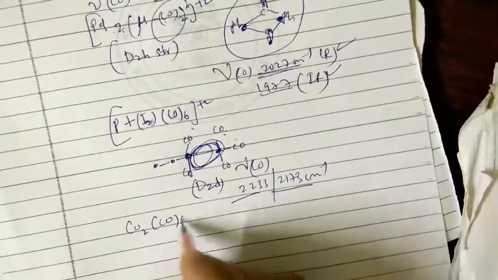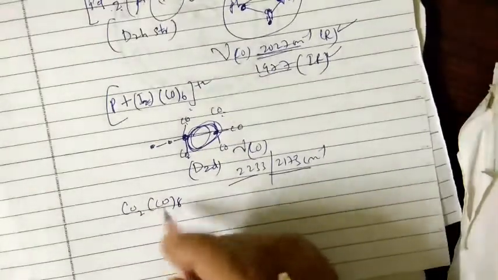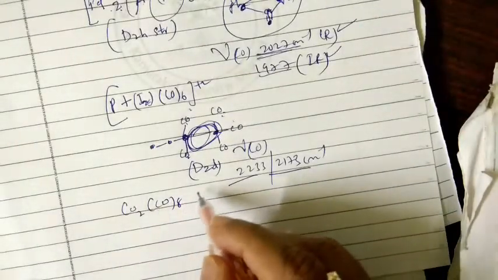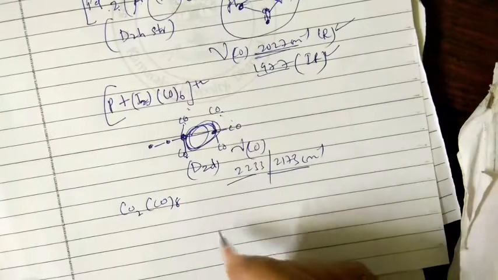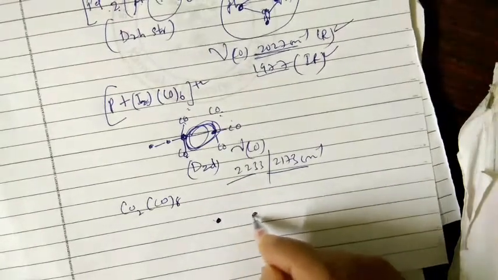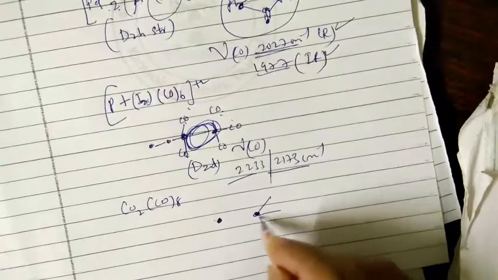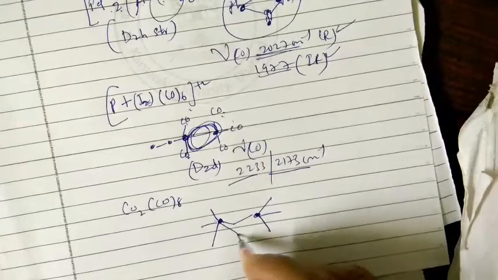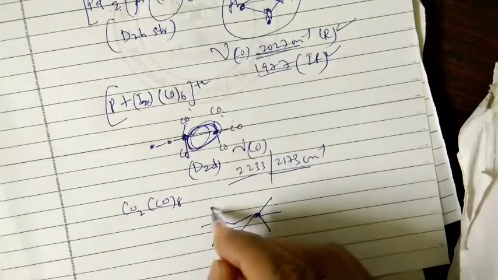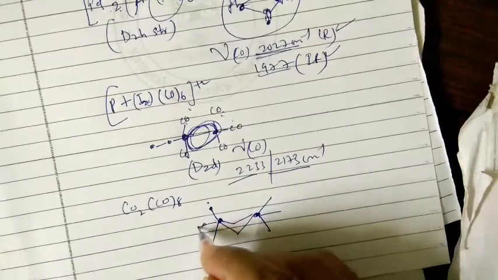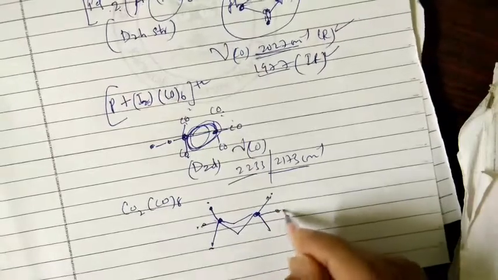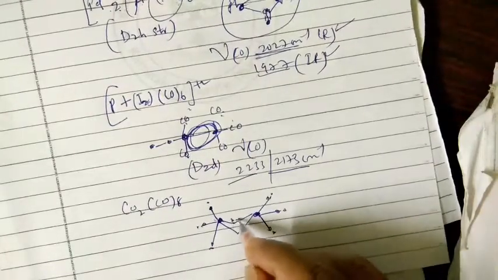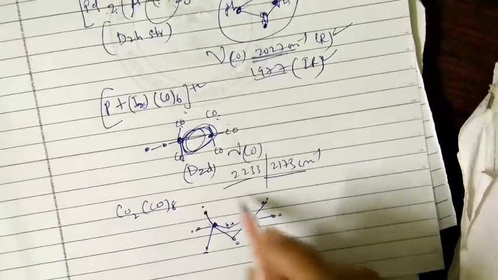And if you see the next complex, that is Co2(CO)8, dicobalt octacarbonyl. I can take it as cobalt like this, with 1, 2, 3, 4, 5, 6, 7 and 8 carbonyls.